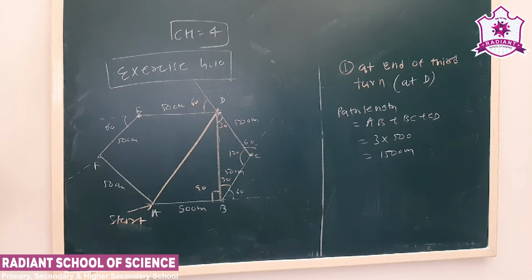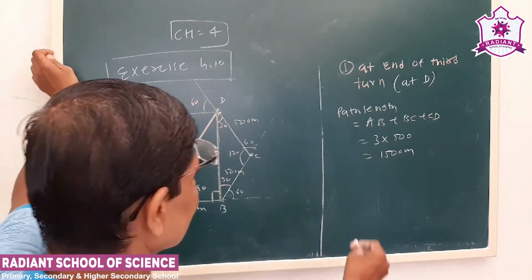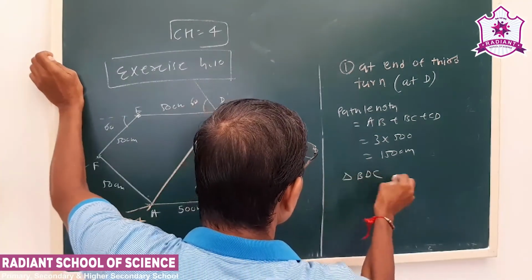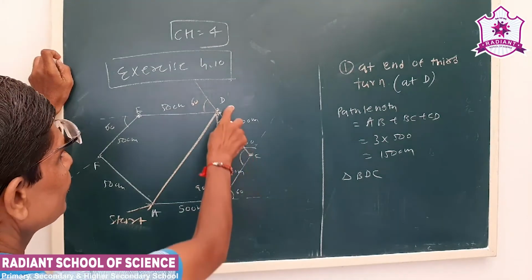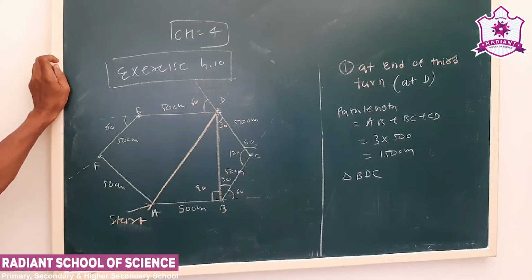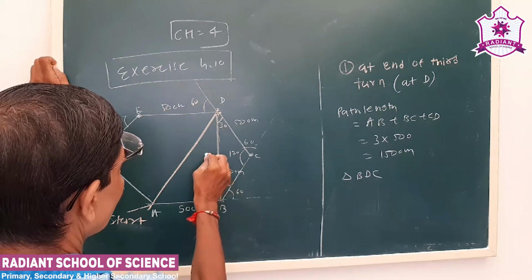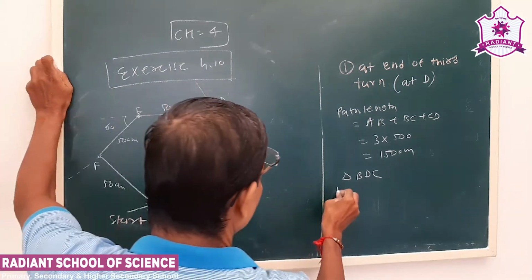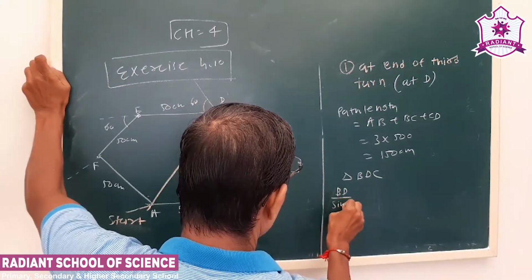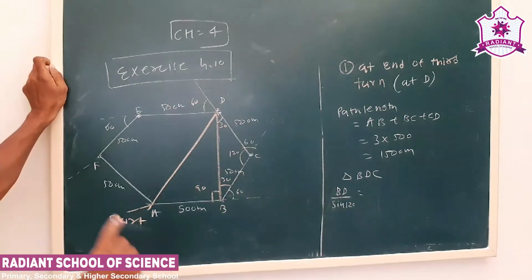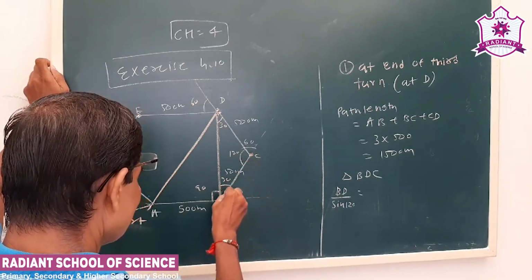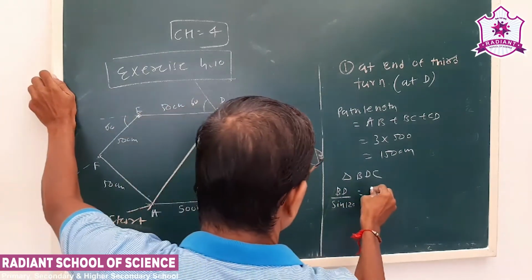Pythagoras. For that we can also use the sine rule that we have discussed earlier. So in triangle BDC, let us say BD upon the opposite angle sine 120 is equal to BC upon sine 30.